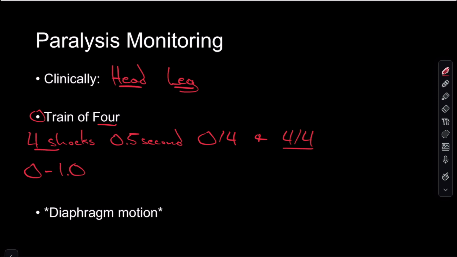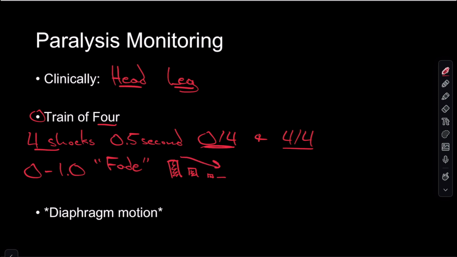And that's going to be grading the number of total twitches in response to each shock, along with an idea called fade. What fade means is it delivers 4 shocks, and the first one you get a pretty significant response, then the second one you get a smaller response, and the third one you get very small, and then the next one you don't get any.